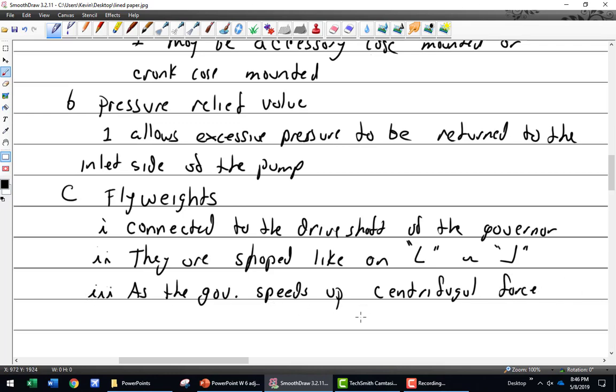Okay, as the governor speeds up, centrifugal force moves the flyweights out and the pilot valve up.